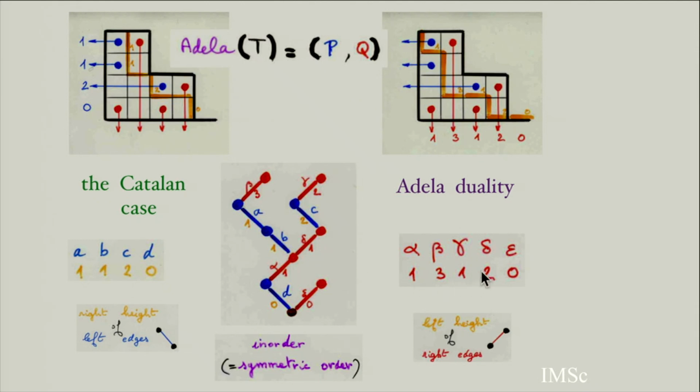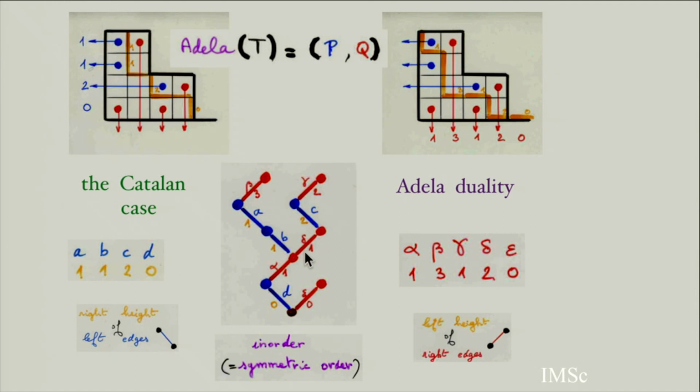I can get exactly the same construction, taking the right edges in symmetric order, taking the left height instead of the right height, etc. So you just make a mirror image, and having this construction, you get your red number, so you get another path. So this is a kind of duality. This path here becomes this path here. But you have to go through a binary tree.